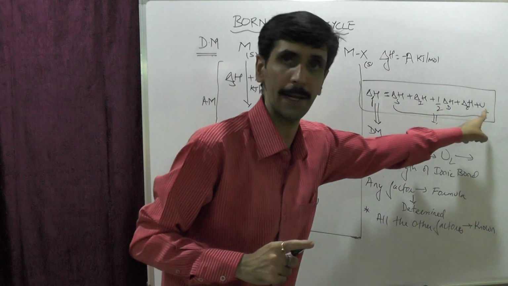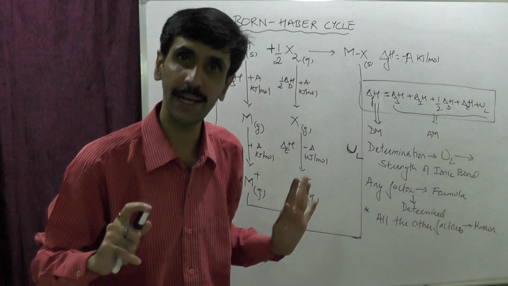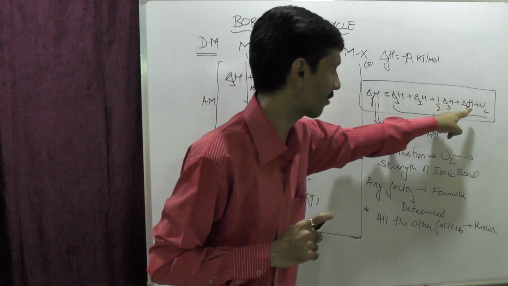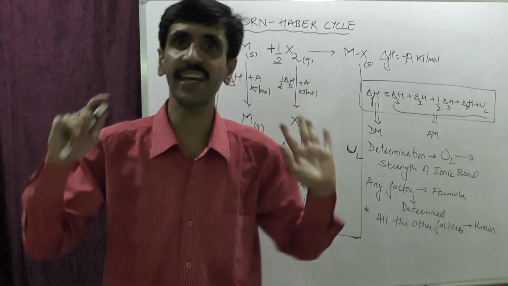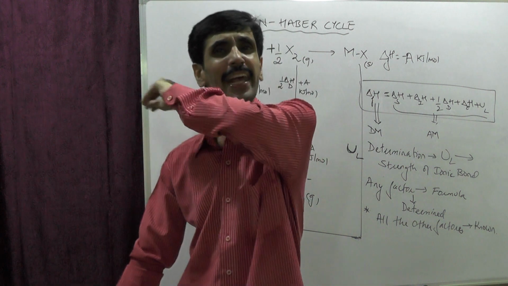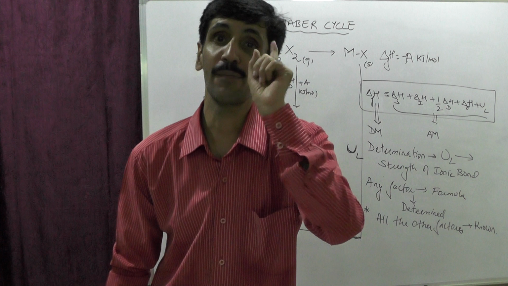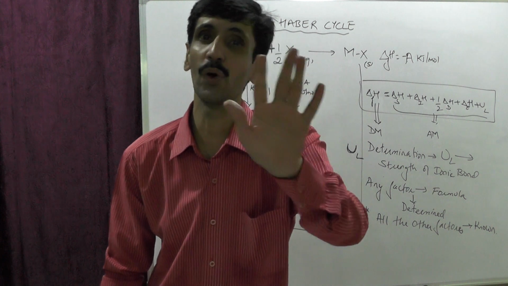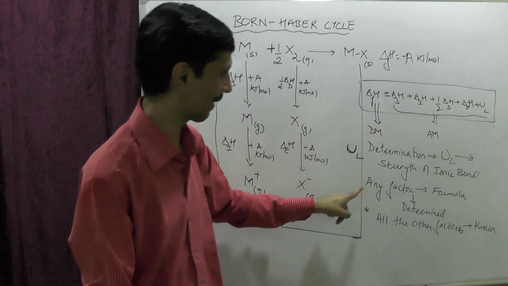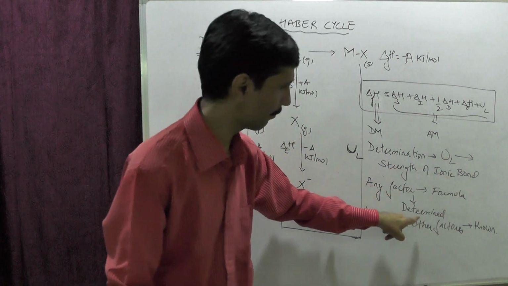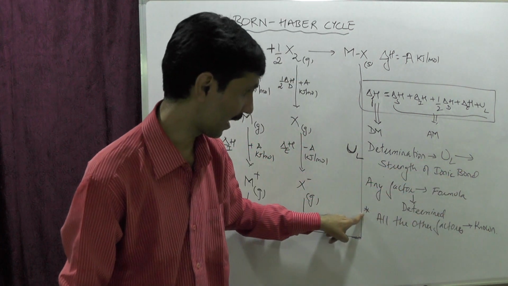इस formula में जितने भी factors हैं, okay, गिन लीजिए आप 1, 2, 3, 4, 5, 6. 6 factors are there. You can determine any one of the factors, provided the remaining 5 factors you know. Okay, वही यहाँ पर लिखा है. Any factor which is involved in the formula can be determined. Condition apply.